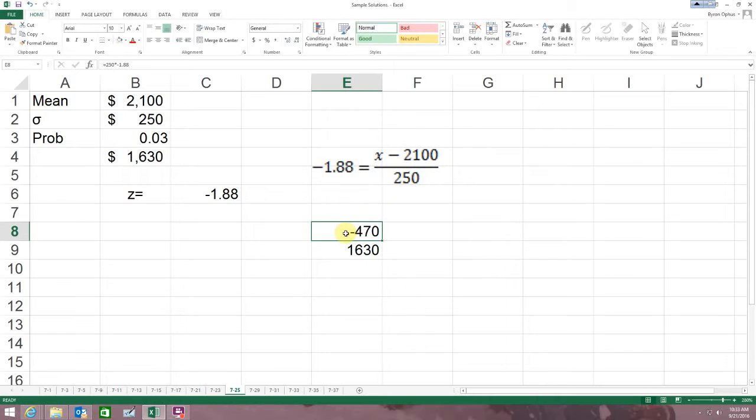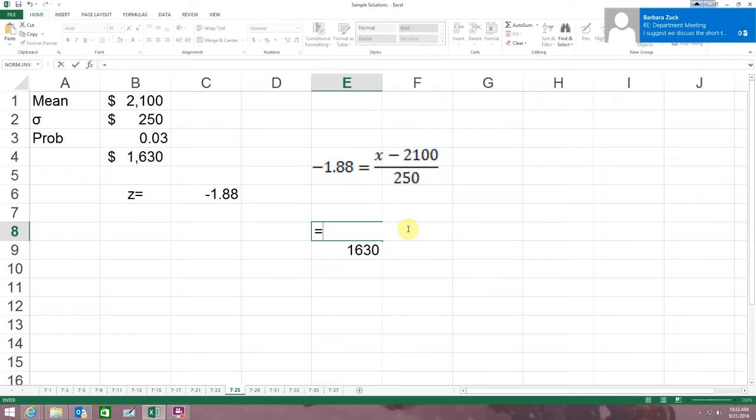Okay, so first we got to do this, right? And let's just say that this is equal to our 250 times our z. Okay, because algebraically, I can multiply both sides by 250.